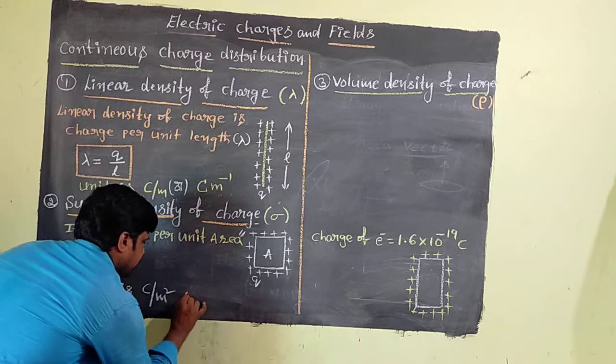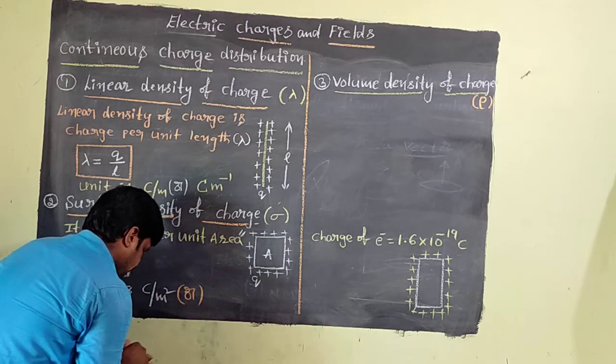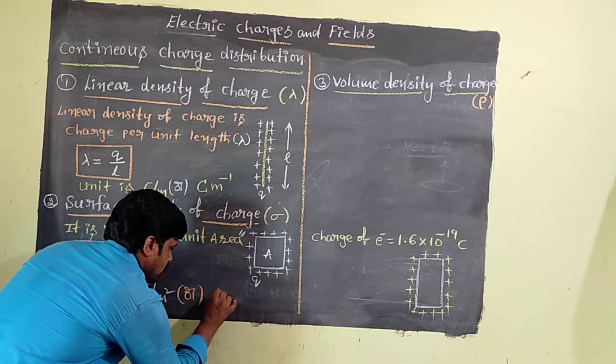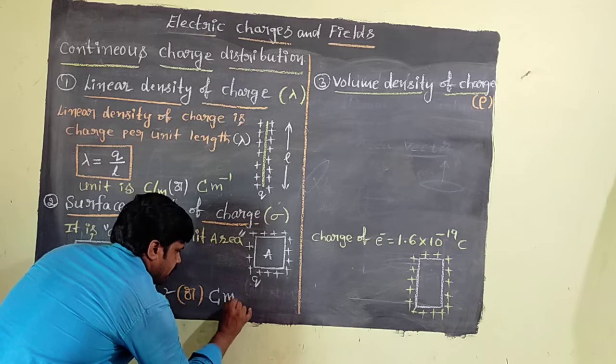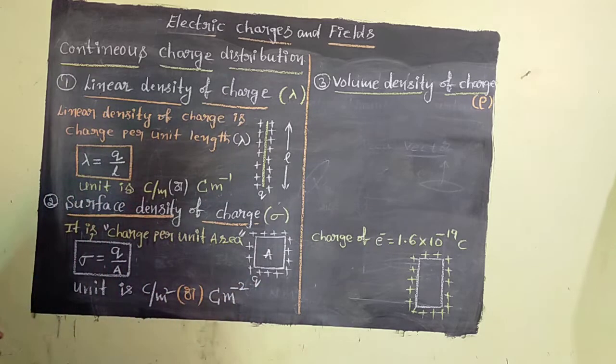So we can write coulomb meter square inverse, C per meter squared. Now this is the unit for surface charge density.